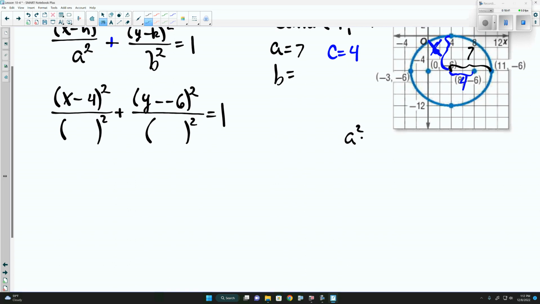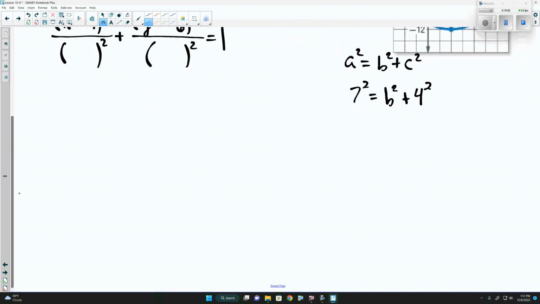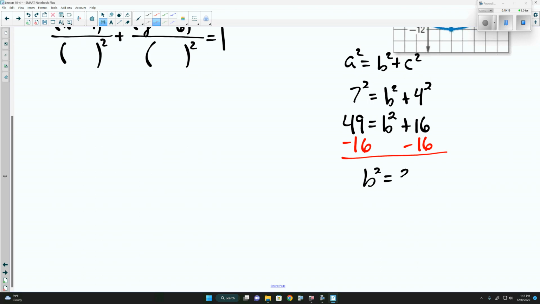So we have a squared is equal to b squared plus c squared. Well, a is 7, so 7 squared is equal to b squared plus 4 squared. Now 7 squared is 49, and 4 squared is 16. At this point, we're going to subtract 16 from both sides, telling us that b squared is equal to 33.